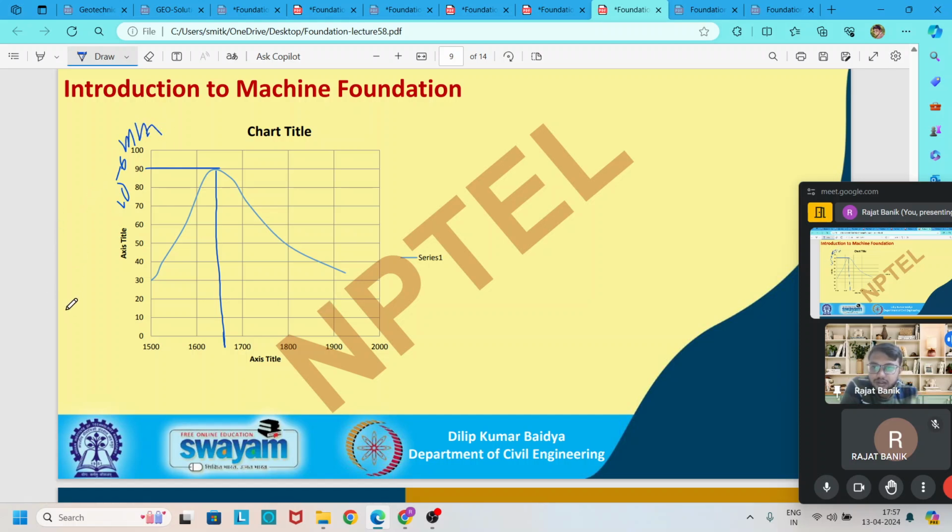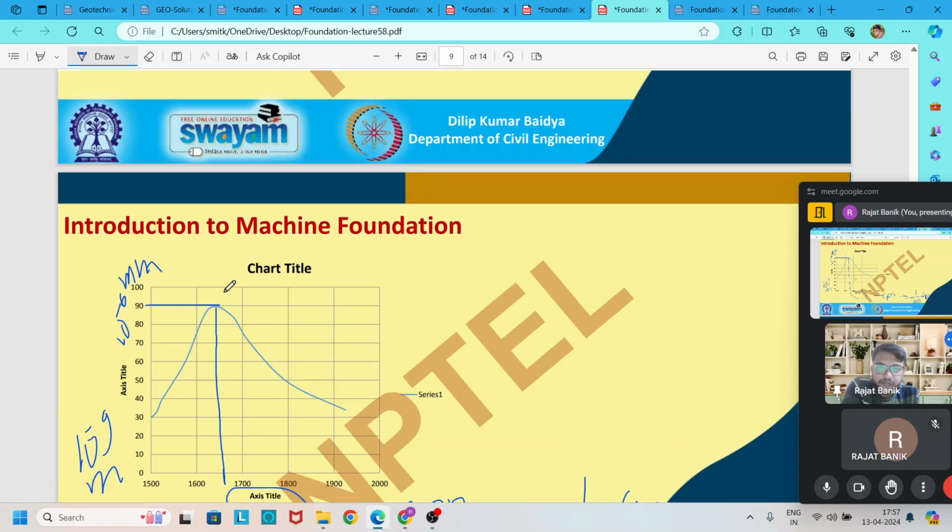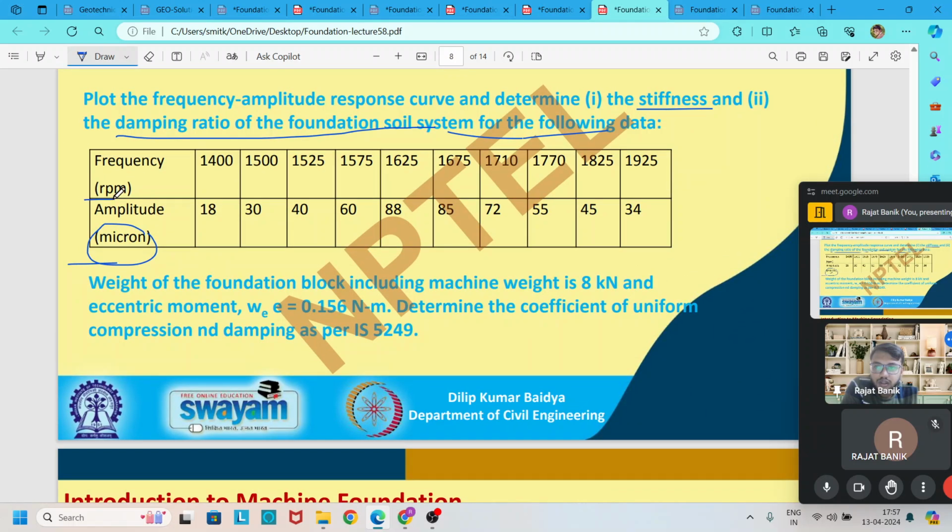So in meter, it is 10 to the power minus 9 meter, and this is in CPM. So to convert to CPS, you have to divide by 60.